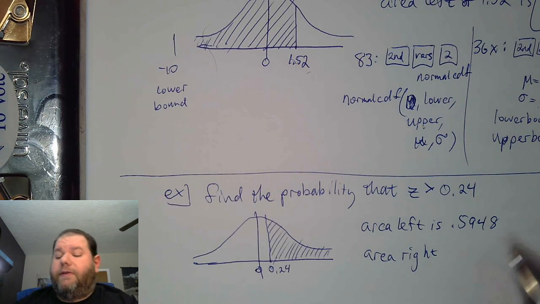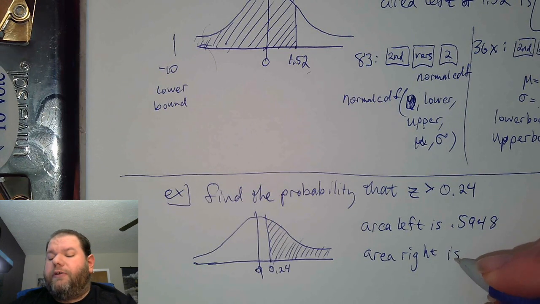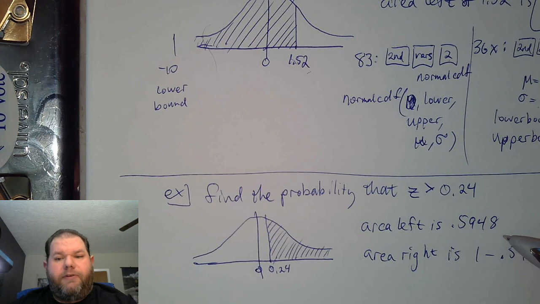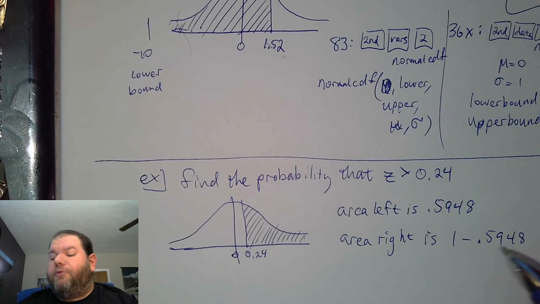Because this is a decimal, we should make sure we subtract it from 1 specifically. The area to the right is 1 minus 0.5948, which turns out to be 0.4052.